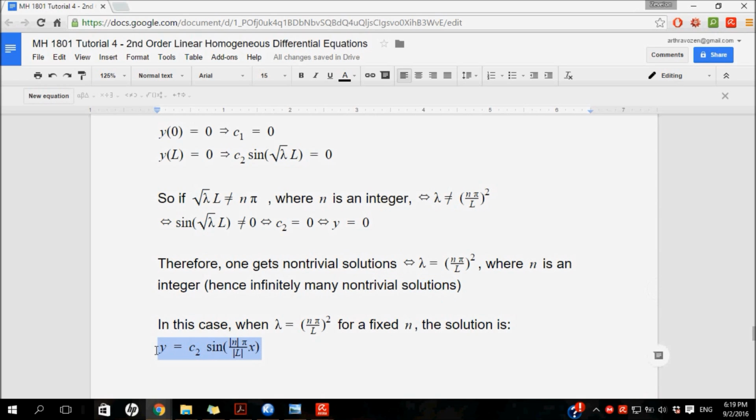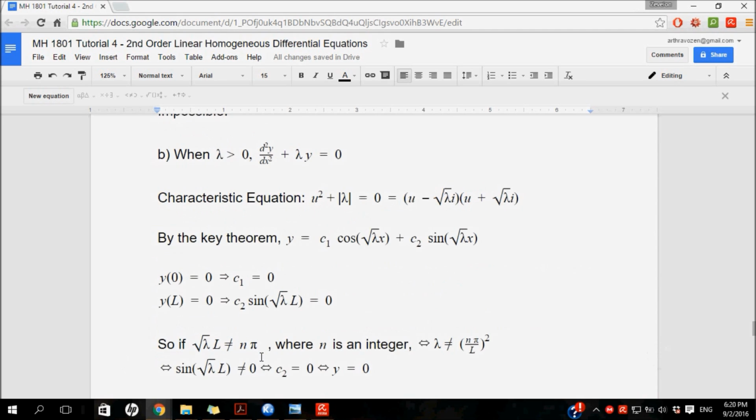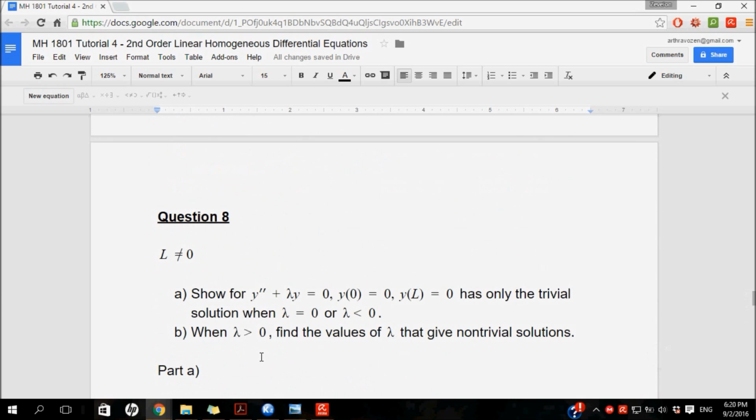If there are such solutions, we must have lambda in this form for some integer n, and the solution is given by this form. And this solves question 8 for us.